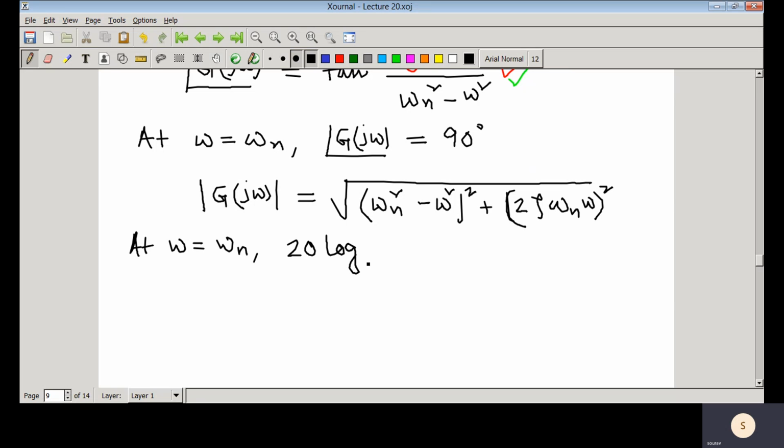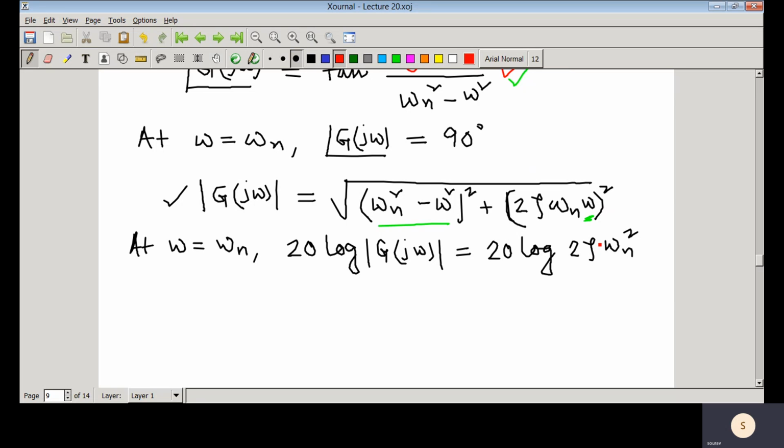That is 20 log of G j omega. If we take 20 log, this term would be equal to 0, because omega equal to omega n. Now if you replace omega by omega n, we would have 20 log twice zeta omega n square.